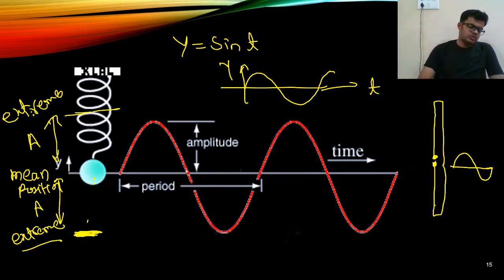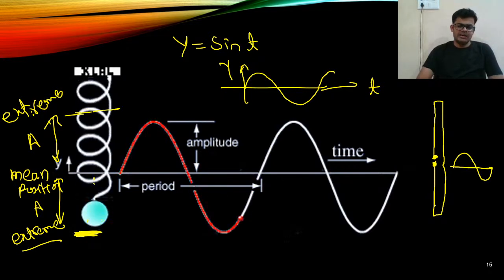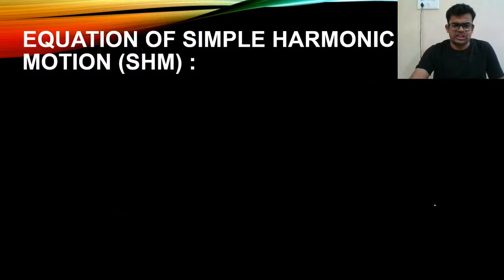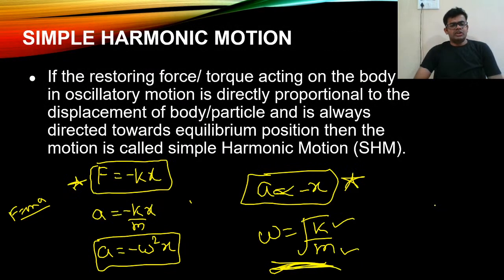Himanshu is asking what is the real definition of SHM. My dear friend, I have written it here. We cannot say there is any real definition, just a statement which we can understand.